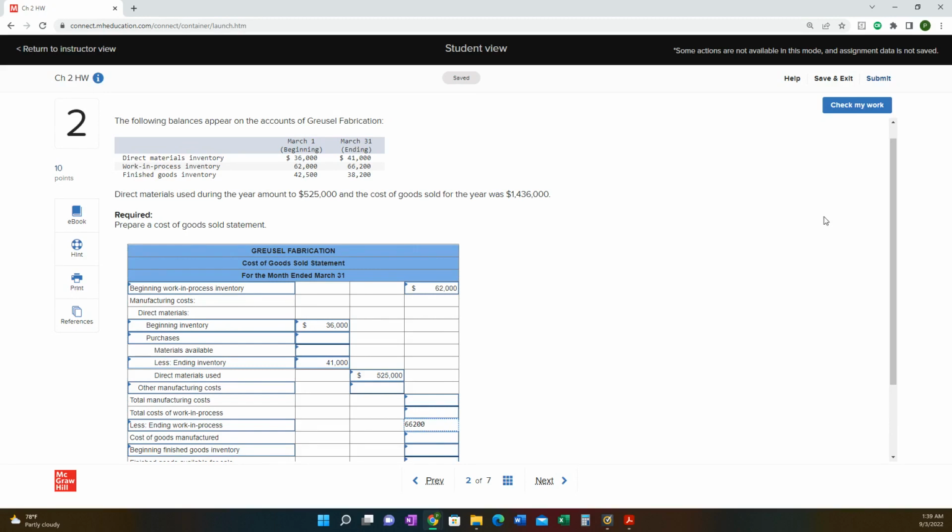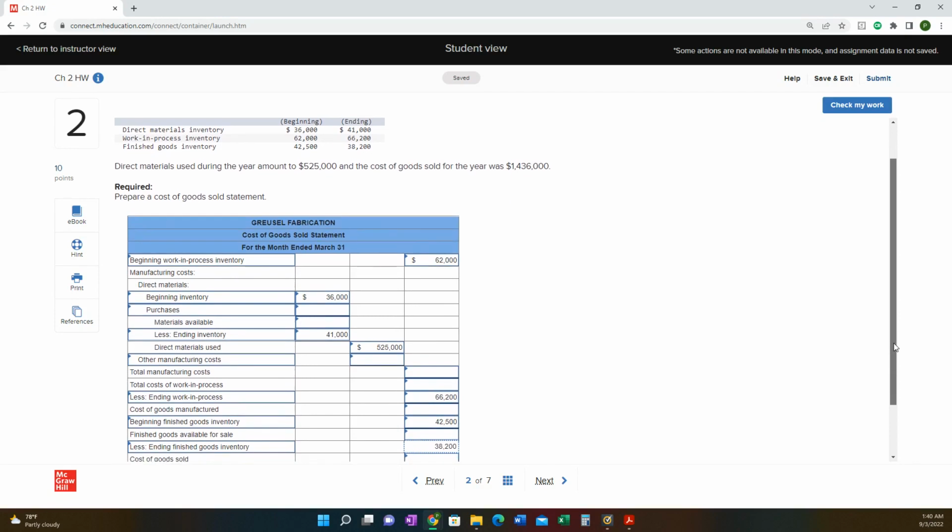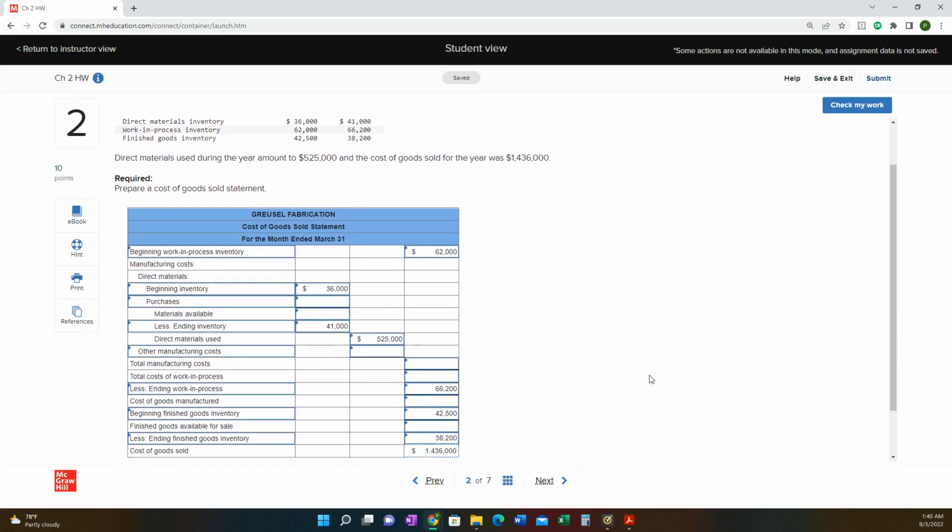Beginning finished goods inventory is $42,500. And ending finished goods inventory is $38,200. And then the final number given to us is cost of goods sold, which is $1,436,000. So those are the 8 amounts that were given to us. The 6 amounts of beginning and ending inventories, and then the direct materials and cost of goods sold amounts. So now we have to see what we can figure out.